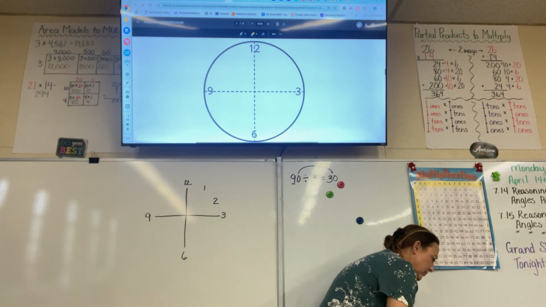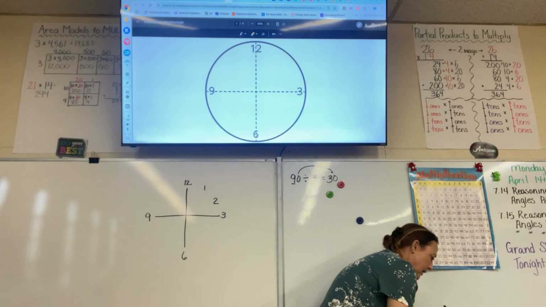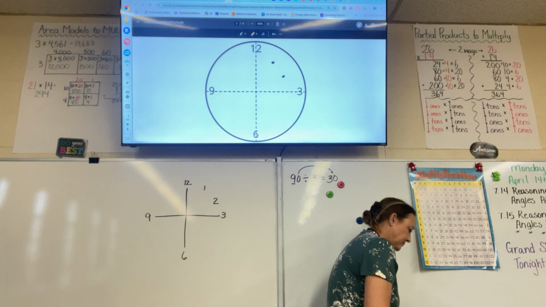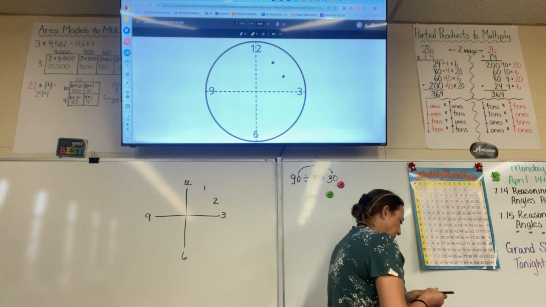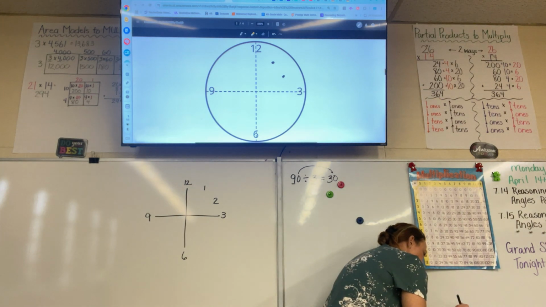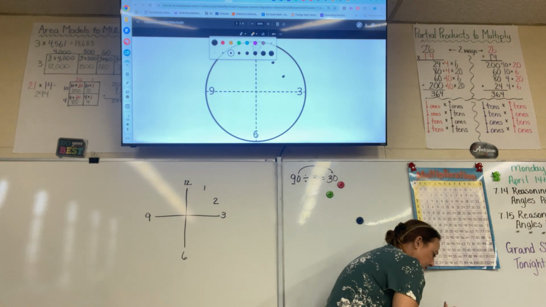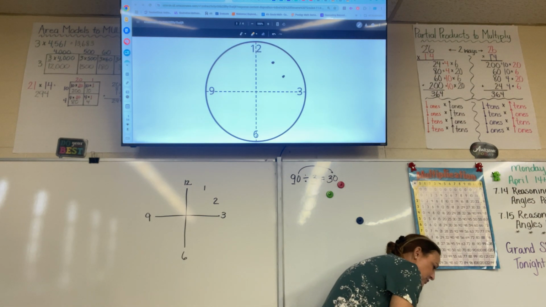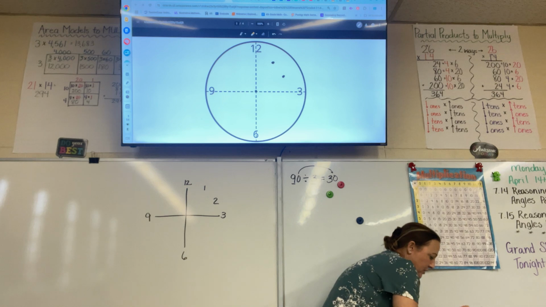And I know it's a little bit tough because of how small this is. And then your center dot is what you're connecting to.